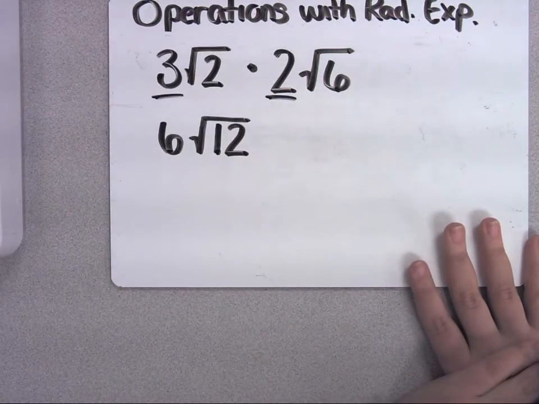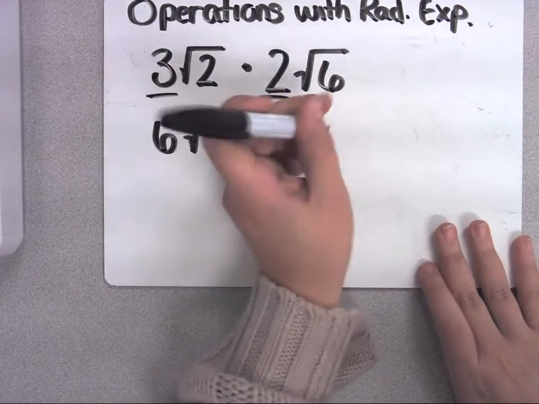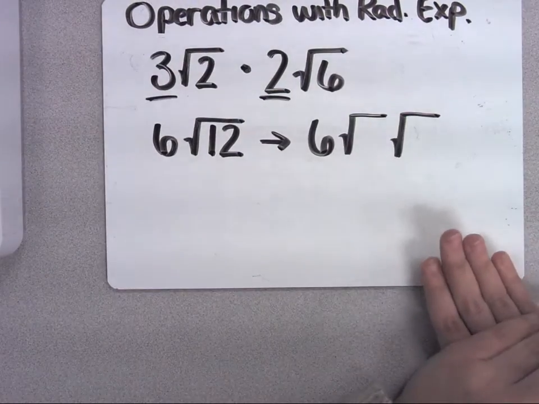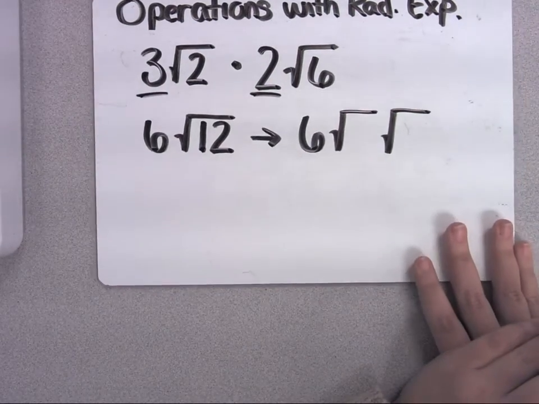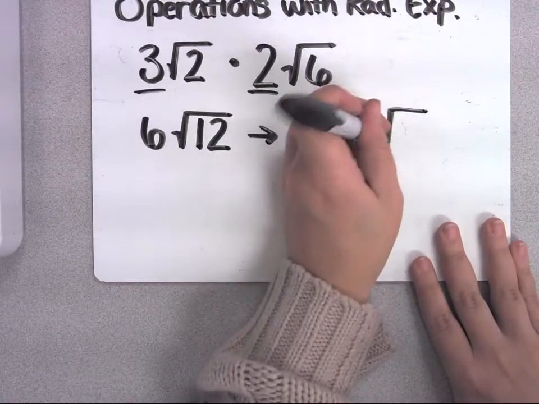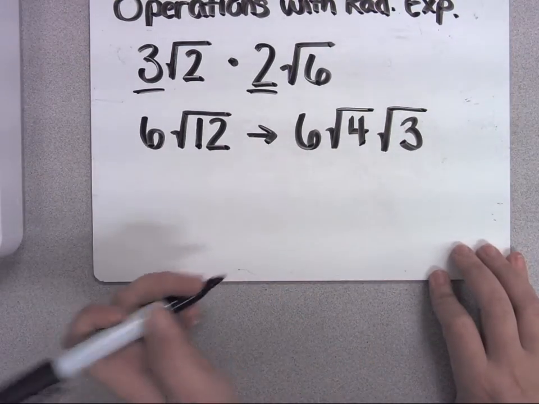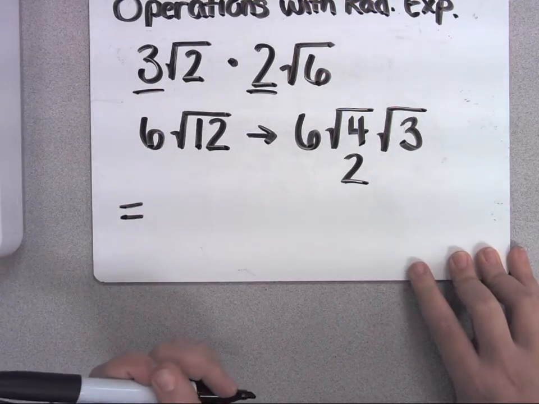12. Can you break down the number 12? Yes, ma'am, you can. And then 12 is what squared times what? Remember, it has to be squared. 4 and 3. Square root of 4 is really what number? 2. So what's your final answer?